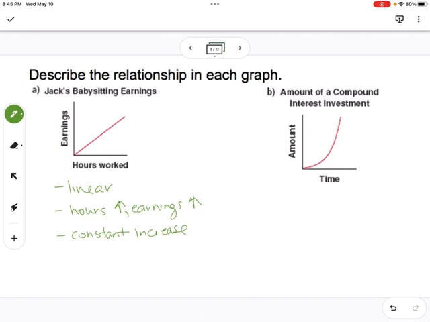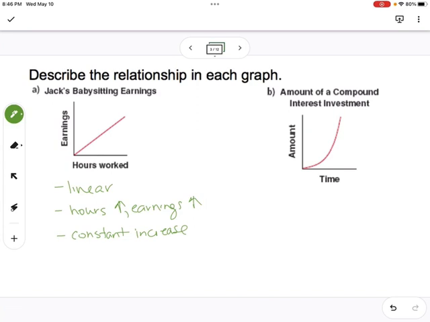The next one, we're talking about compound interest, and we see we have time along the bottom and the amount of money along the side there. So looking at this one, we see this type of graph. The difference between exponential is that it starts low, goes high, or starts high and then goes low, where a quadratic, a parabola, is going to loop all the way around.